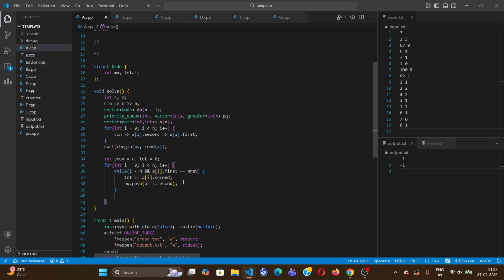Now we can also take size. I have increased the size. Now we have to decrease it.